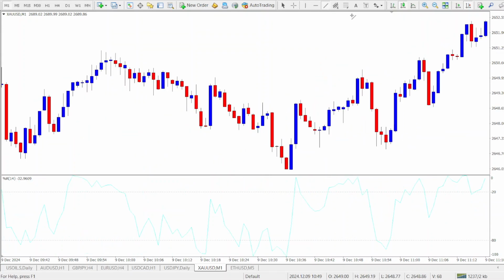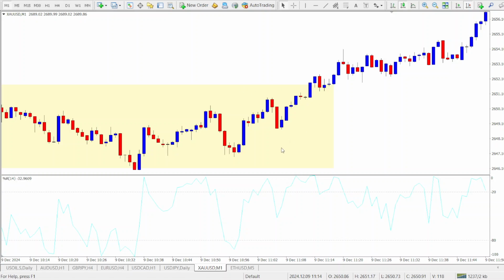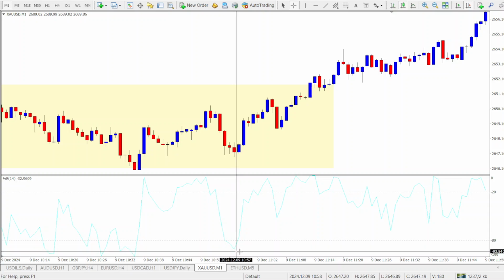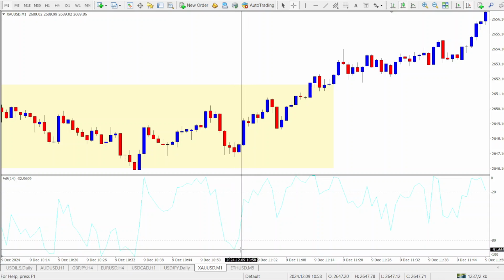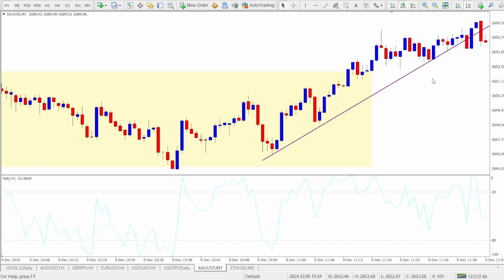We also had a consolidation period around here, and just shortly after the indicator entered oversold territory and pointed upwards, we had a breakout to the upside.